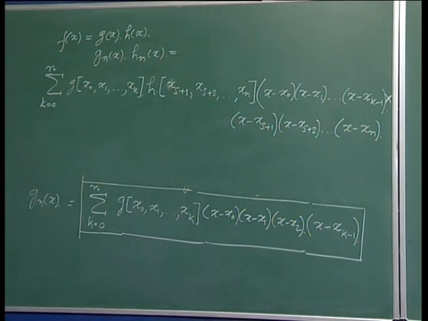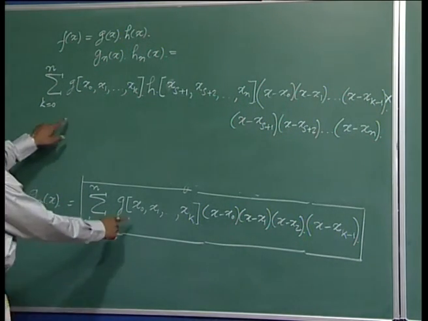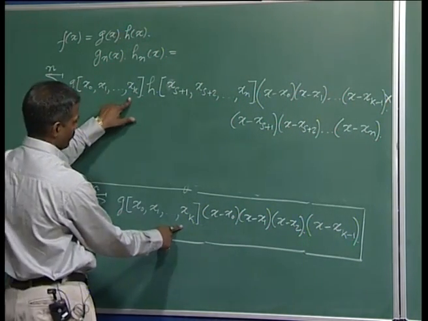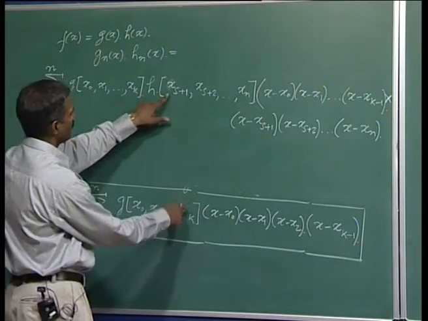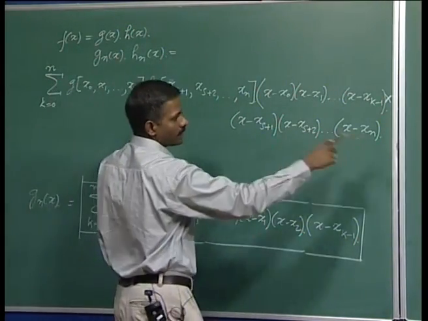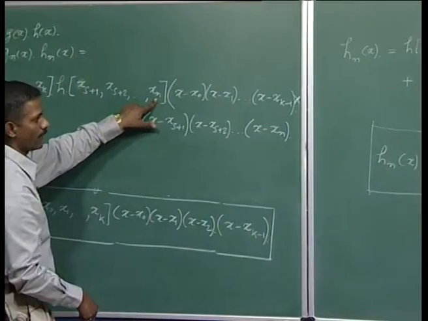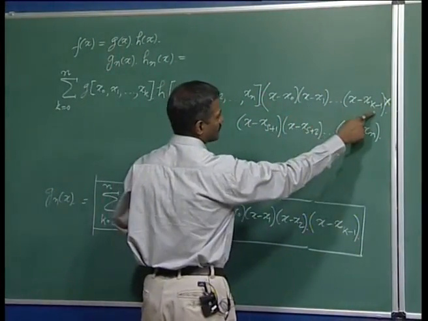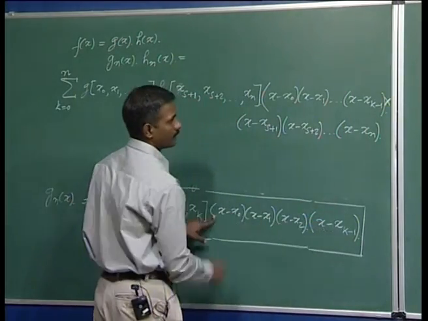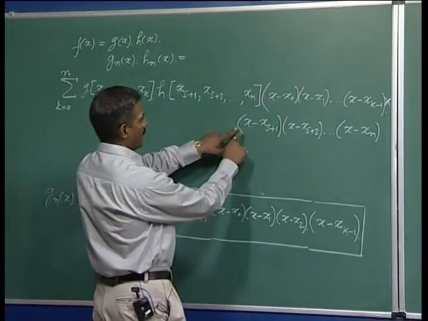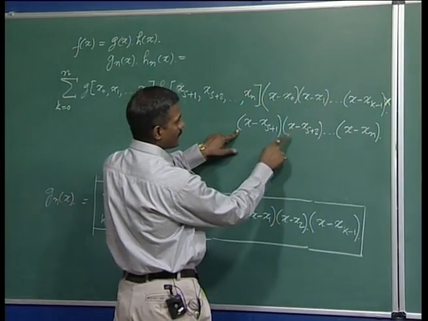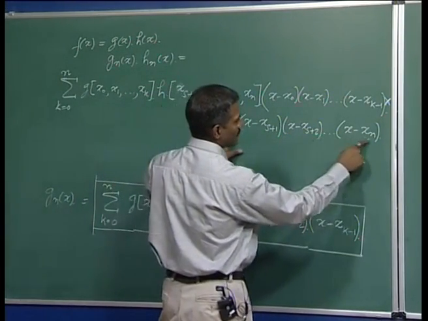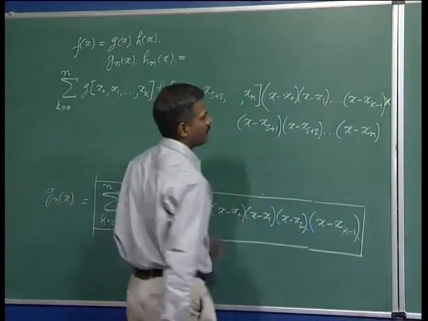Let me double check if I got this right. g of x0 to xk, h of xs plus 1 to xn, that's okay. x minus x0, x minus x1 up till x minus xk minus 1, we are okay. x minus xs plus 1, x minus xs plus 2 up till x minus xn, we are okay.